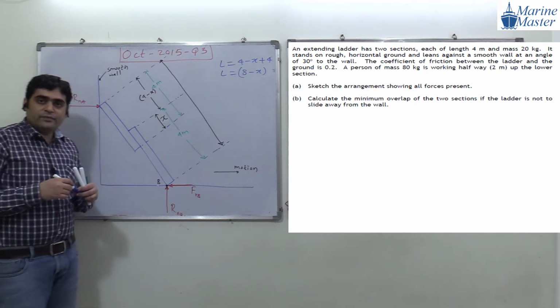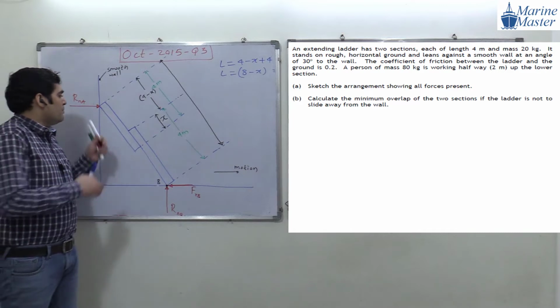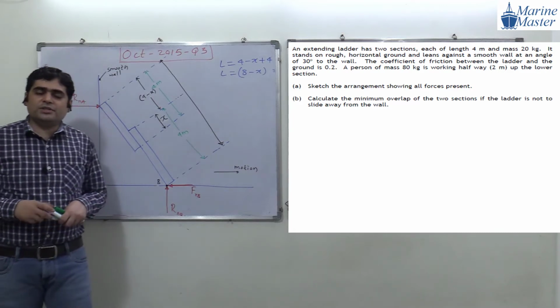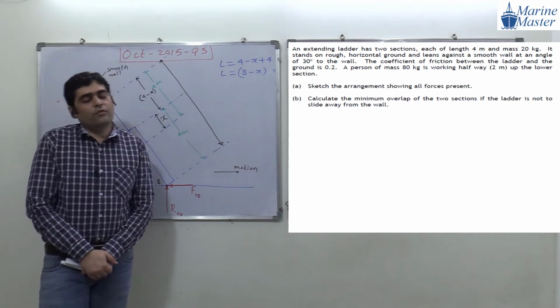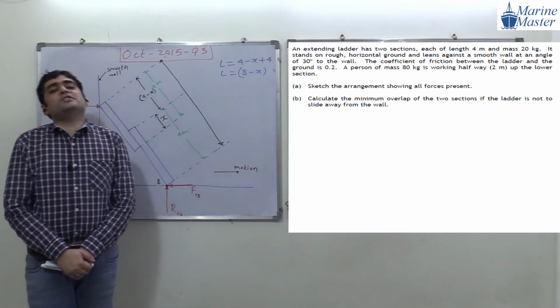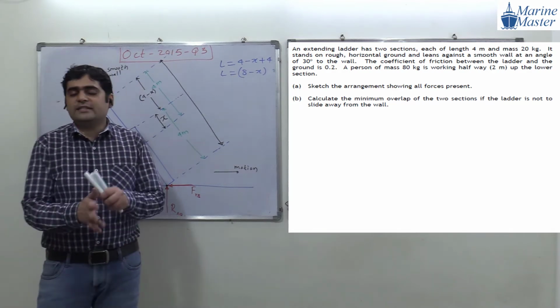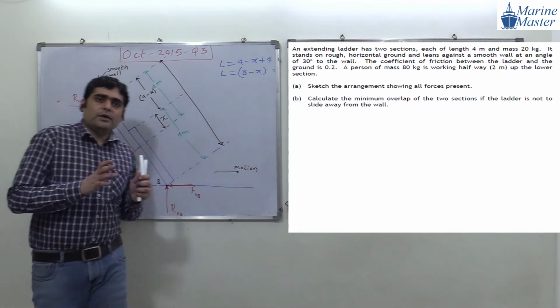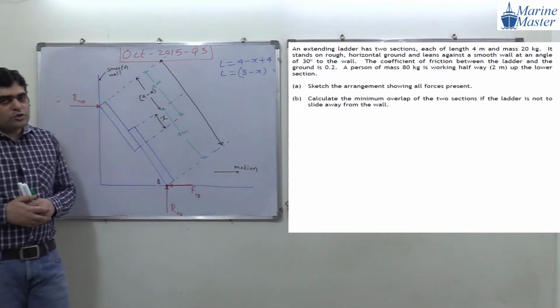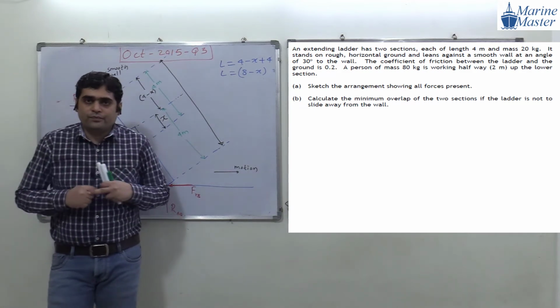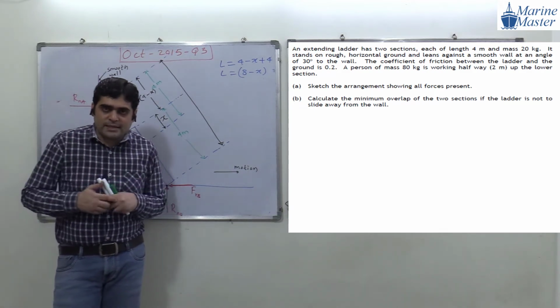Next point here. The mass of each section is how much? Not 4 meter, 4 meter is the length of each section. The mass is 20 kilogram. So what will be the total mass?